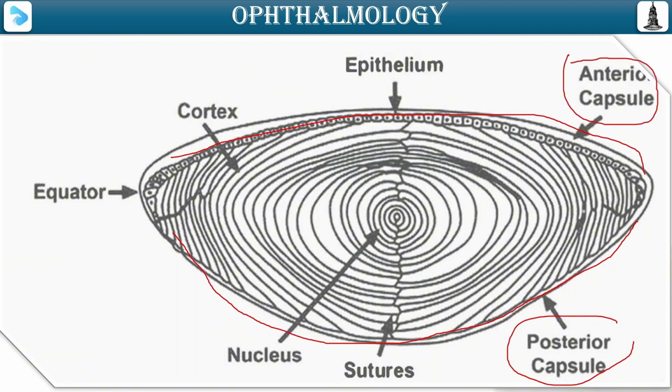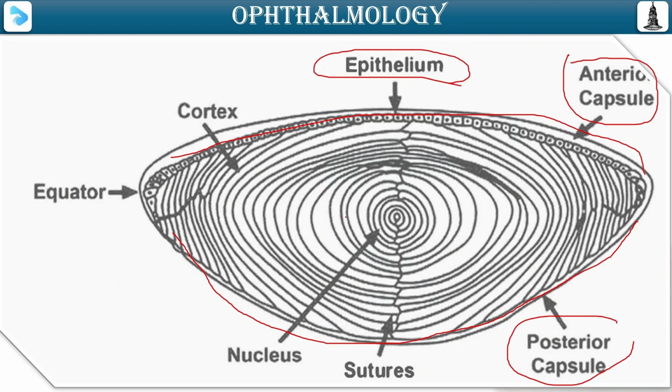If we see here, the anterior capsule has an epithelium. What does this epithelium do? The epithelium of the anterior capsule forms the lens fibers, and the formation of the lens fibers is a process that continues throughout life.